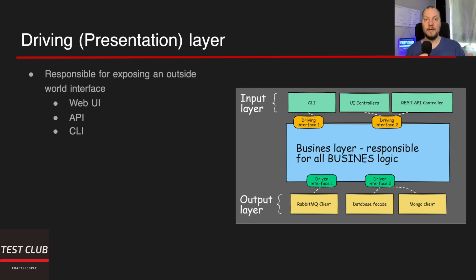But essentially, it is a gateway or a way to interact with this application or to initiate the interaction with this application. And we aim not to put any business logic in this layer. Now, aim is the right word here because it's not always possible, as we're going to learn very soon, but still we try to do it.